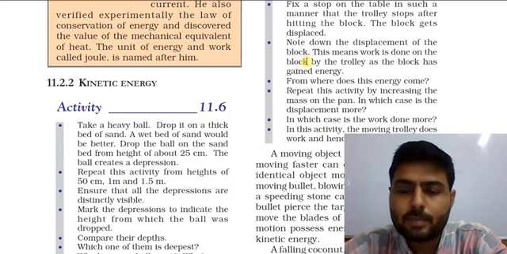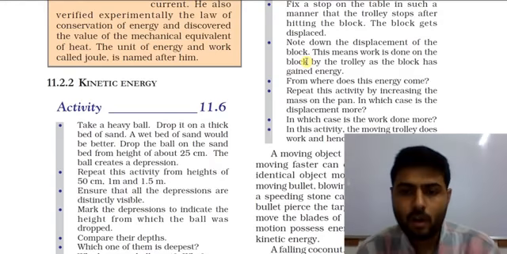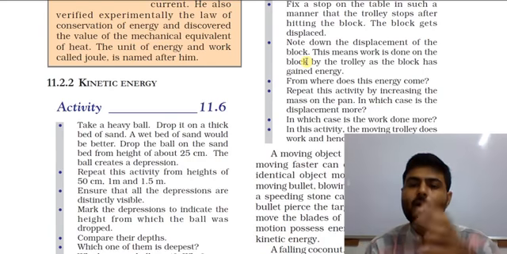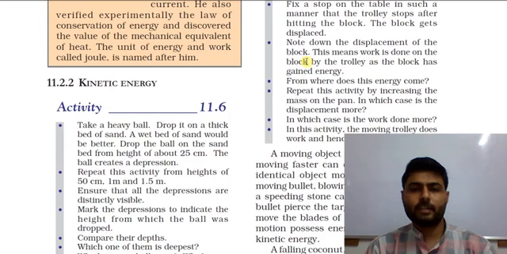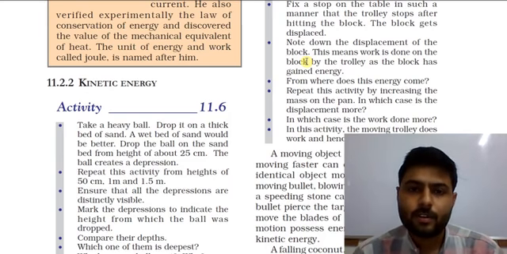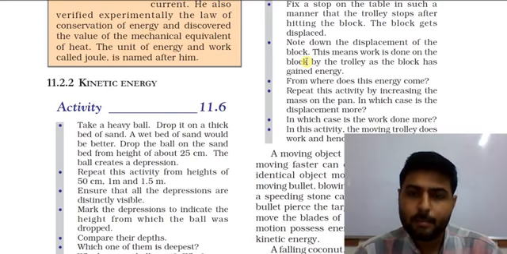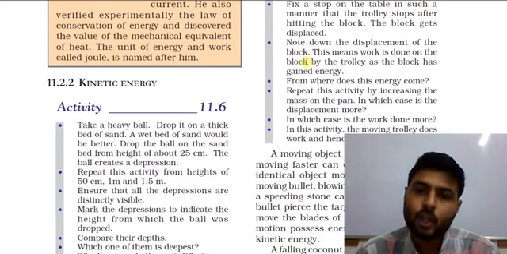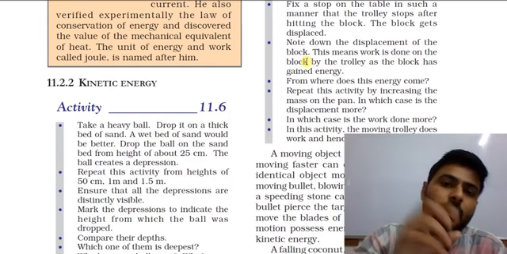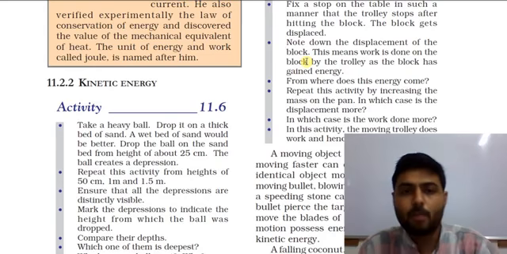Note down the displacement of the block. This means work is done on the block by the trolley, as the block has gained energy. In the previous lecture, we have seen that normally both objects exert force on one another, but here we can say that the trolley works on the block because the trolley is in motion and it strikes the block.